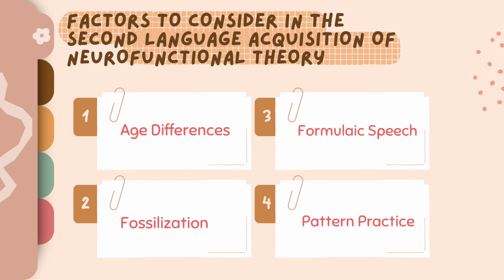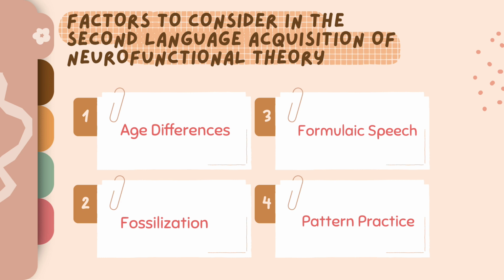For example, the idiomatic expression, "I'm on cloud nine," which means you are happy. You know how and where to use that idiomatic expression, but you don't know where the noun, verb, or pronoun is in that sentence.